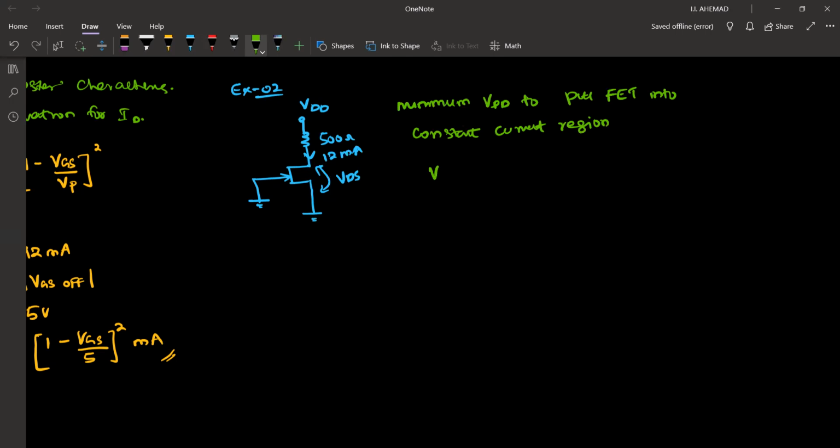They have given VGS off is equal to minus 4 volt, and IDSS is 12 milliamperes.